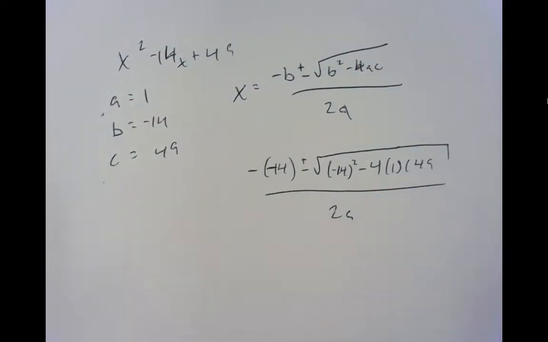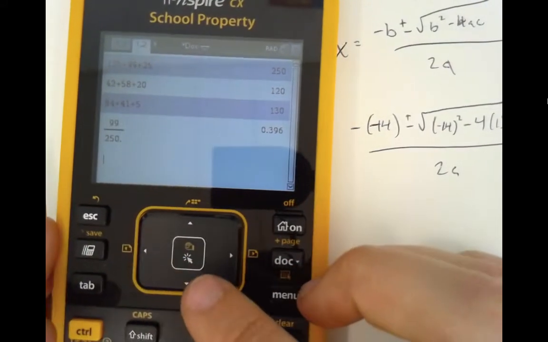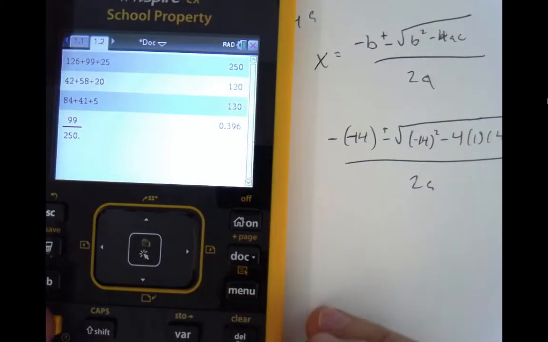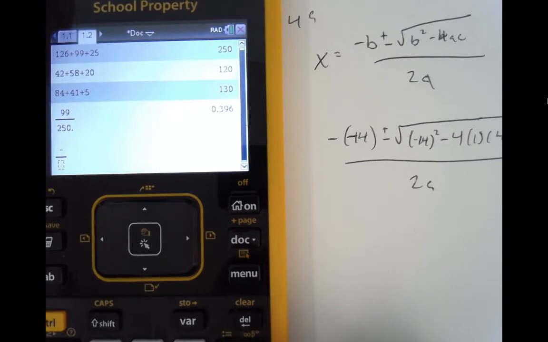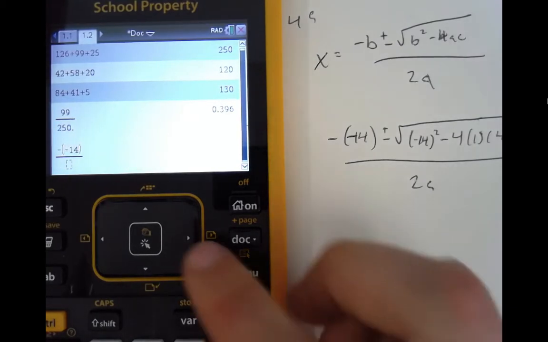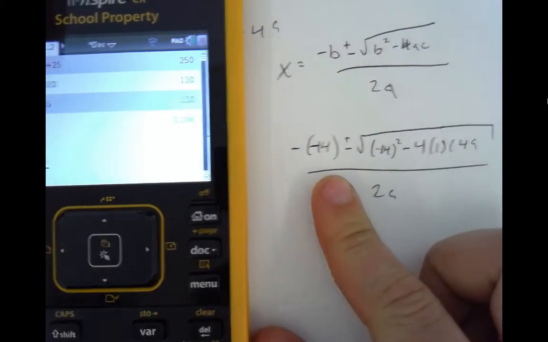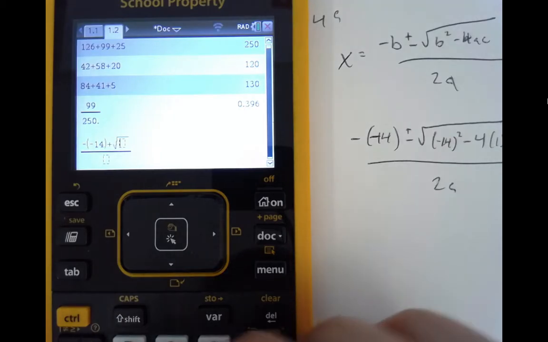So now that I know what to plug in, I'll go ahead and plug it into my calculator to see. I'll do control divide to get a fraction, and I'll just start plugging and playing. Negative 14, plus. I can't do plus or minus, so I'll do plus to start. Control x squared.